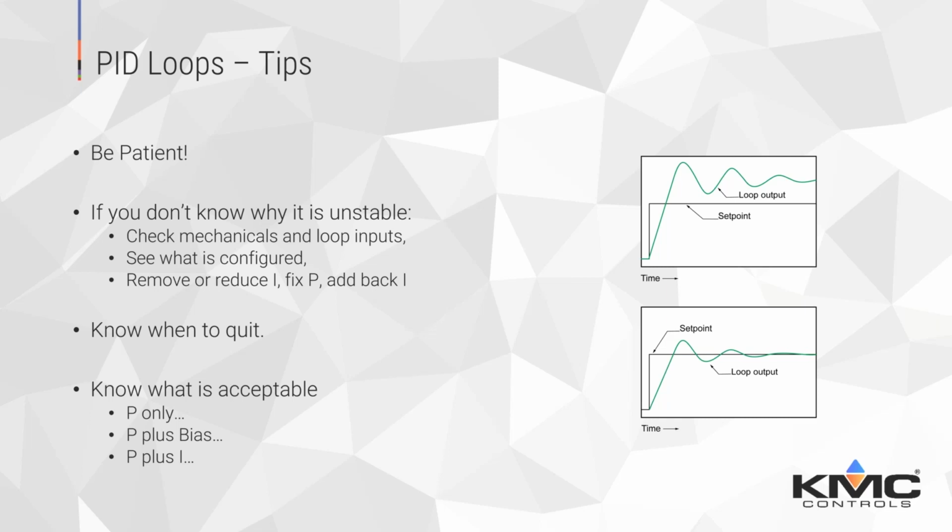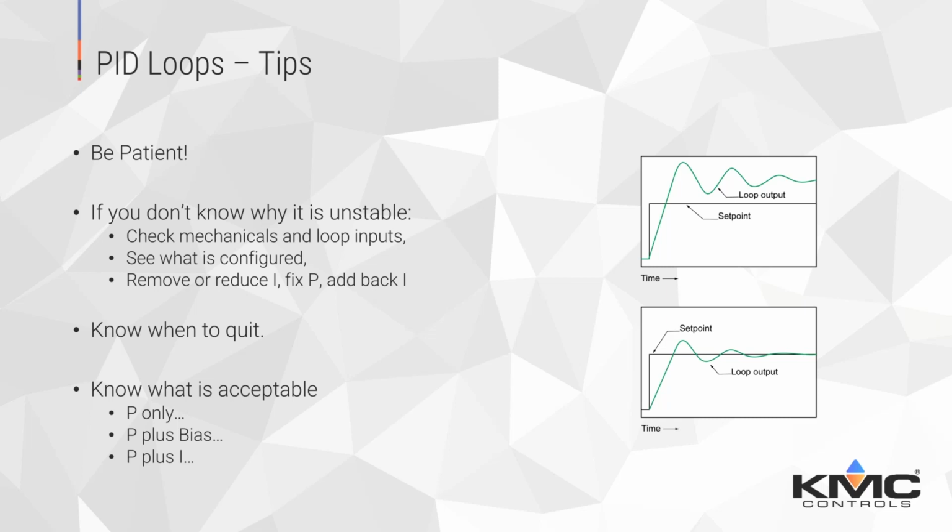If you don't know why that loop's unstable, the first thing would be to check the mechanicals and the loop inputs. We want to make sure we're plumbed up correctly on the equipment and configured correctly on the loop. If I'm troubleshooting someone else's loop, or a loop that I'm coming back to after a while, we want to see what's configured. Where are we at?